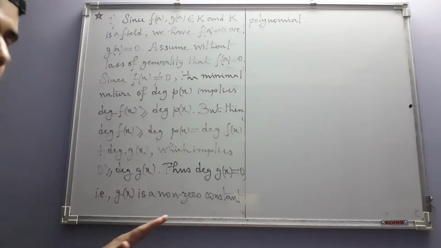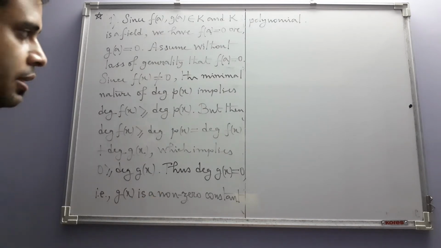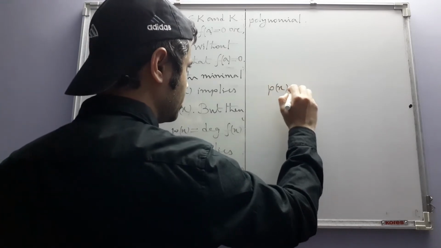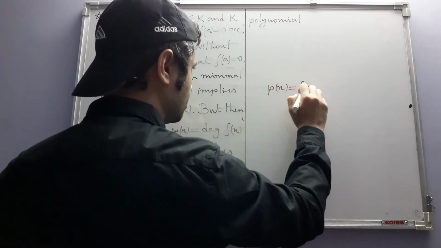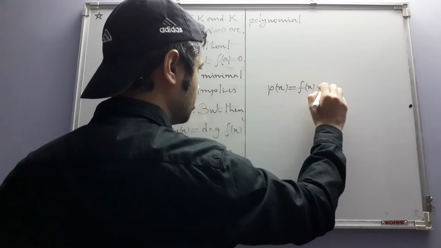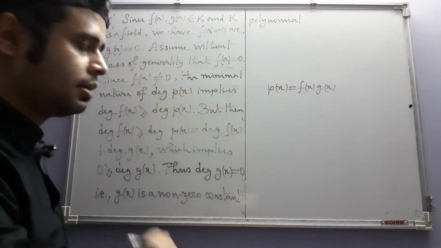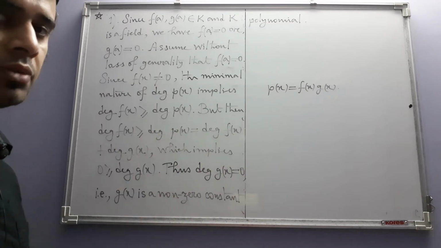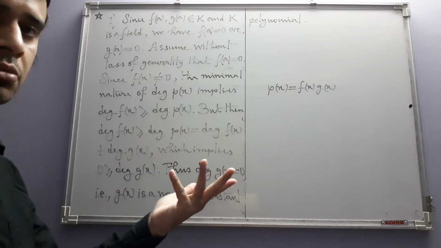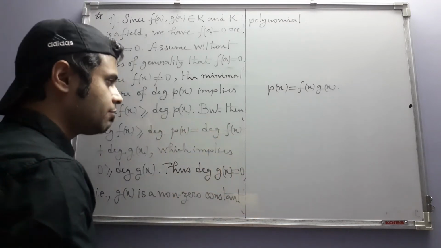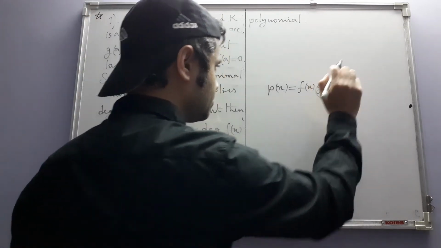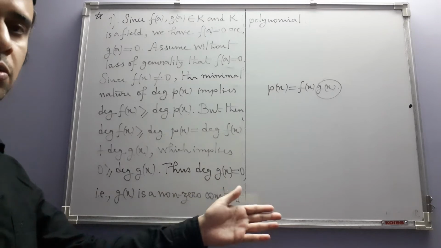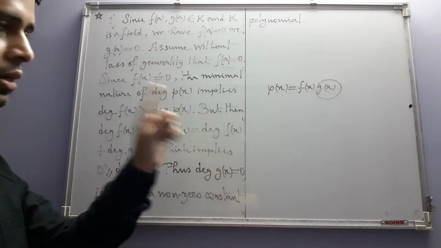What does this conclusion say about Px? We considered Px to be a product like this, where Fx and Gx are some polynomials over F. And we have now proved that one of them has to be a non-zero constant polynomial, which we know is a unit in Fx.